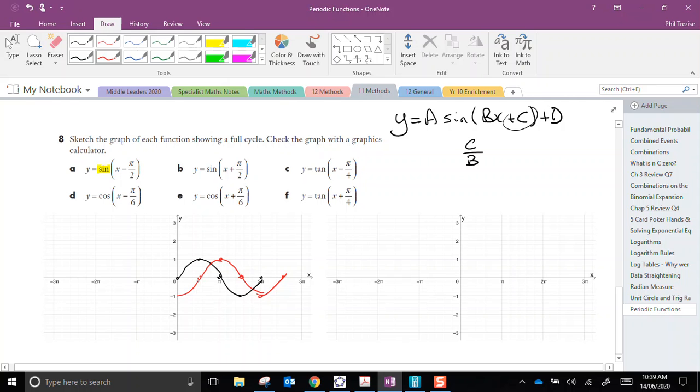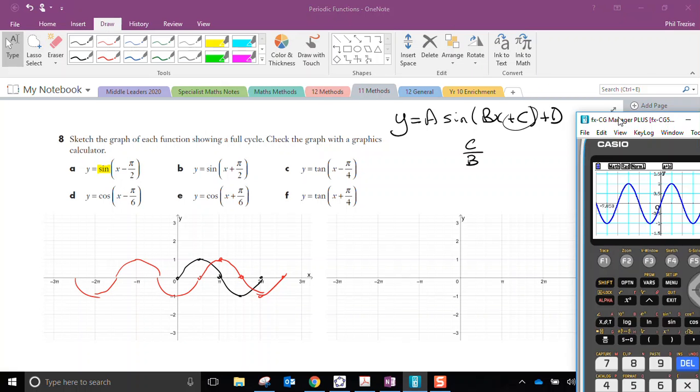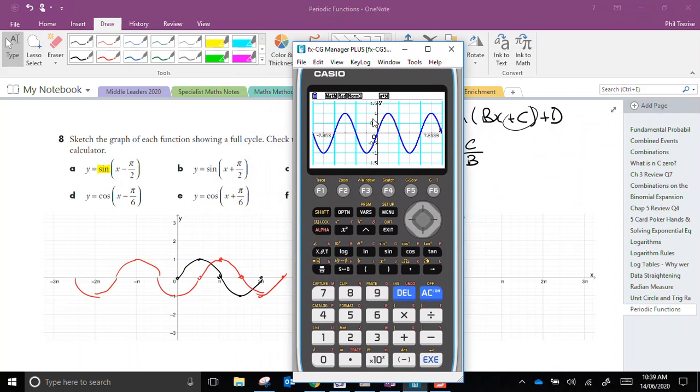And of course it would continue backwards, like that, just like our base function would. So let's take a look on the graphing calculator whether we've got that right. So I've graphed the base function here.